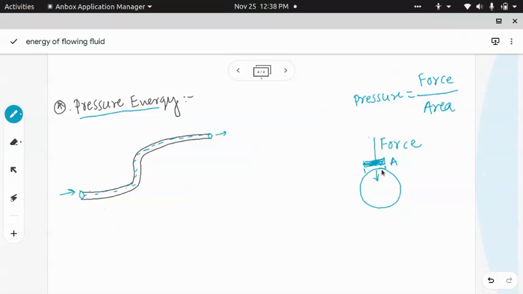That particular pressure will increase the size of the balloon in these particular directions. So there will be pressure generation, and that pressure will be equal to force upon area. This is the understanding of the concept of pressure.